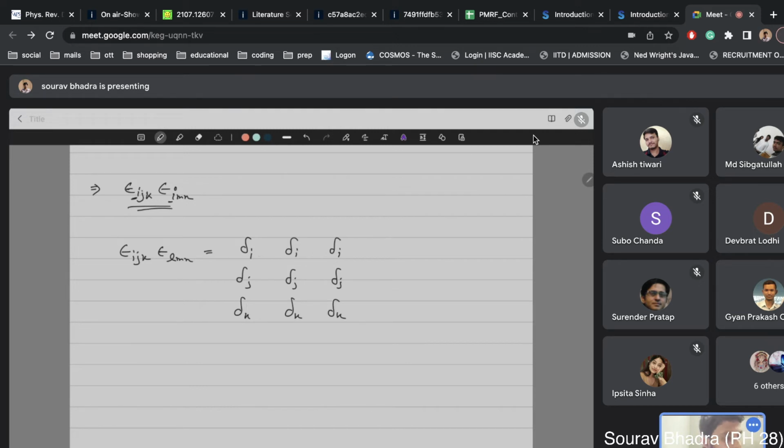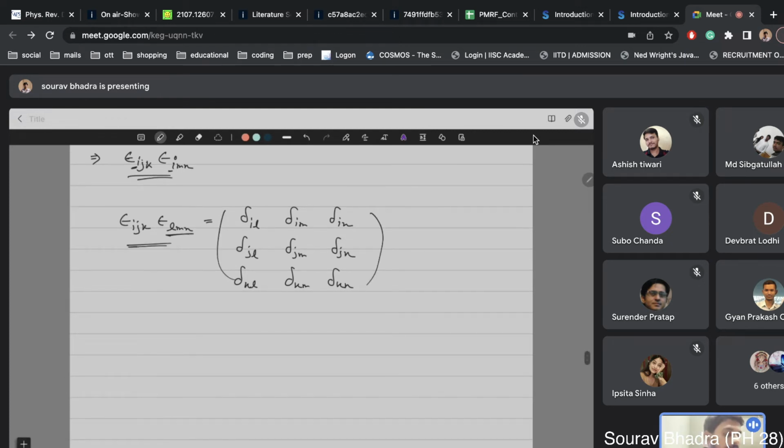and for the first row I write delta il, second row delta jl, and last delta kl, then write the lmn accordingly. So this is the way of expressing this particular thing.